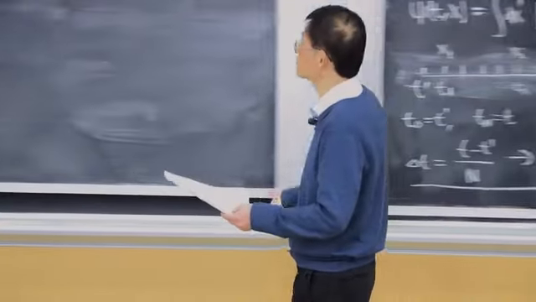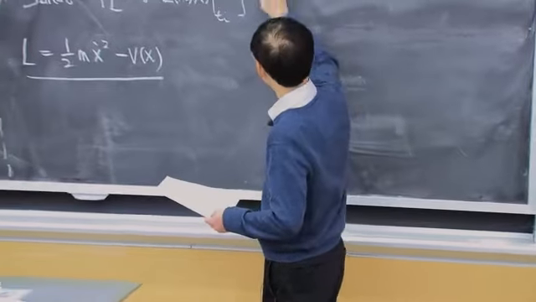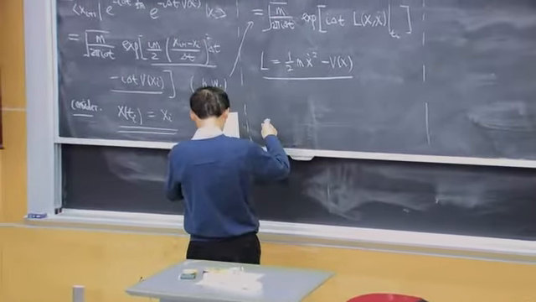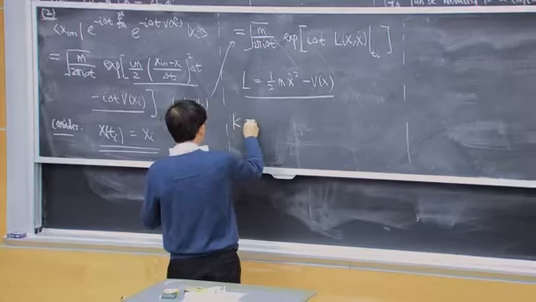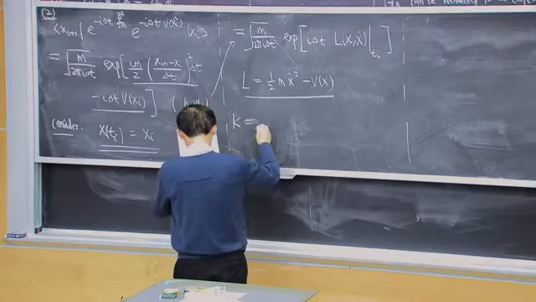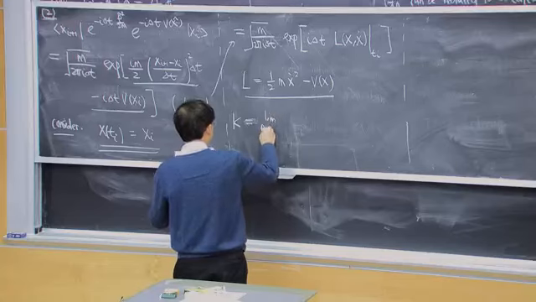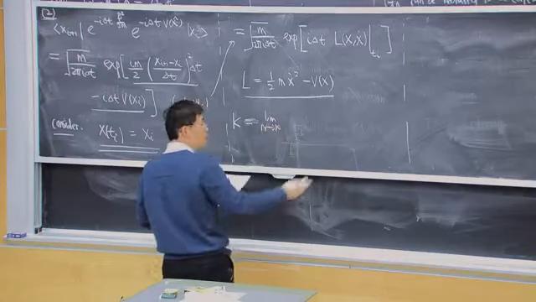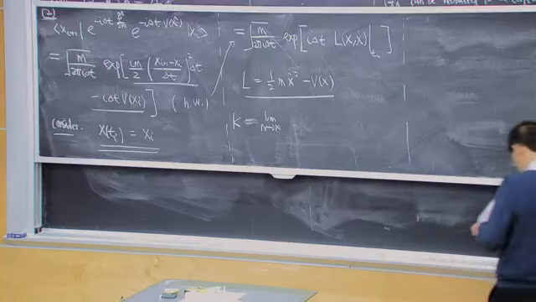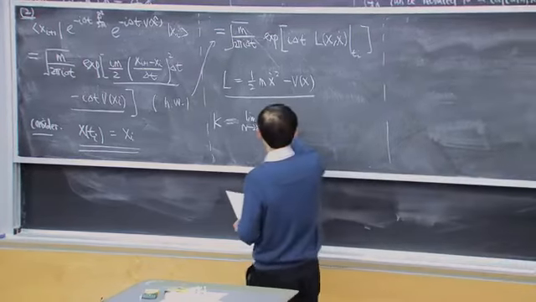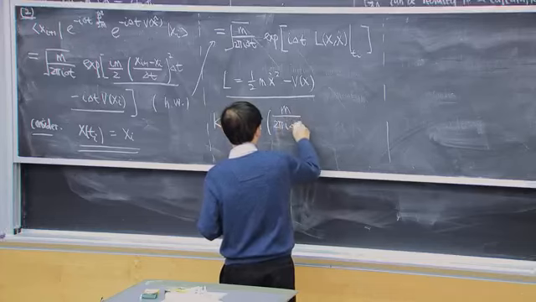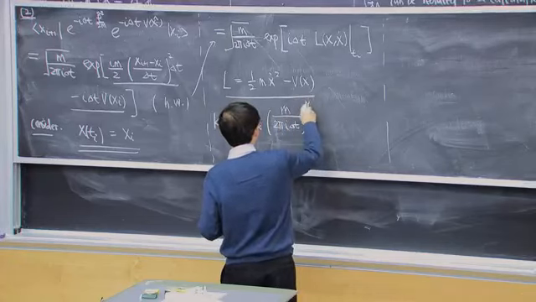So now we can write down the full K. The full K becomes the limit n goes to infinity, because we take delta t to 0. So we need to take n to infinity. So (m over 2 pi i delta t) to the power n over 2.